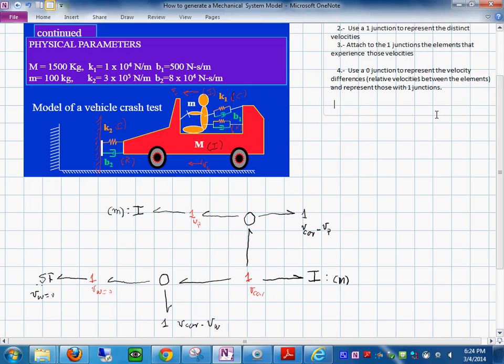So step number 5, I'm going to say attach the elements that experience those relative velocities. Why don't we say those velocity differences, parentheses, we're going to call it relative velocities.